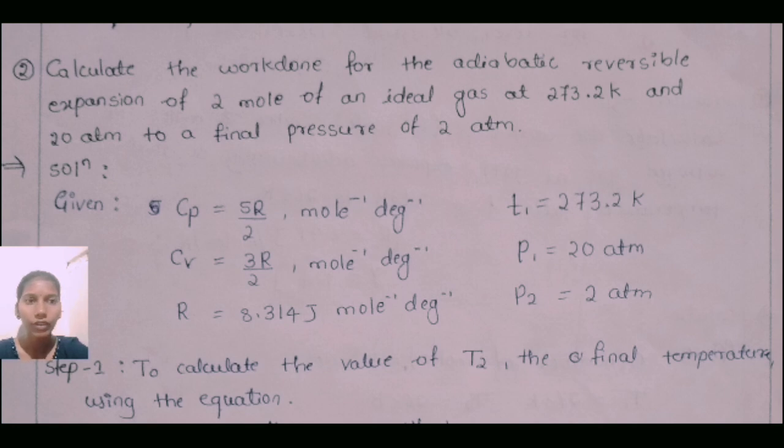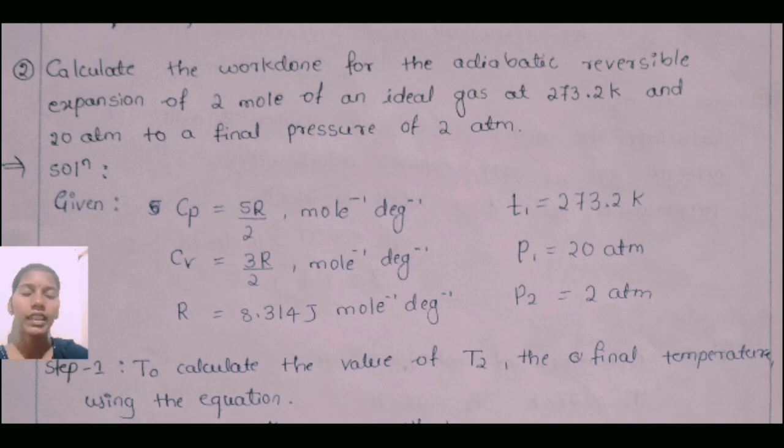Problem number 2. Calculate the work done for the adiabatic reversible expansion of 2 moles of an ideal gas at 273.2 Kelvin and 20 atm to a final pressure of 2 atm. Solution. Firstly, we write the givens.